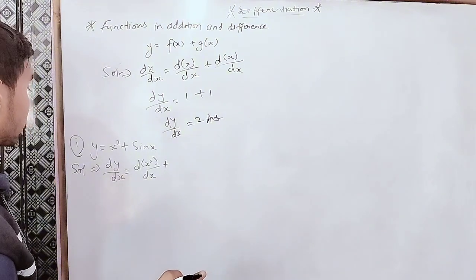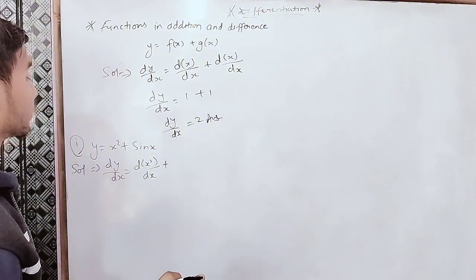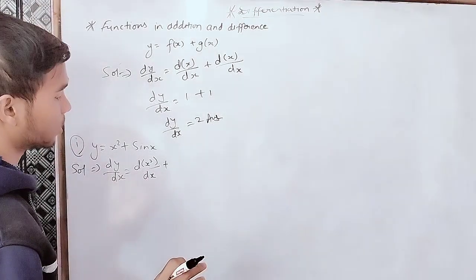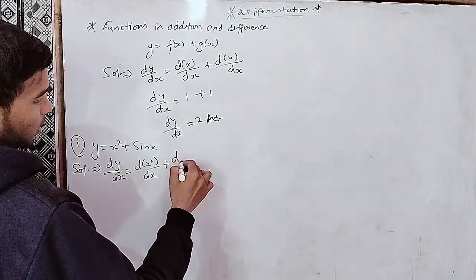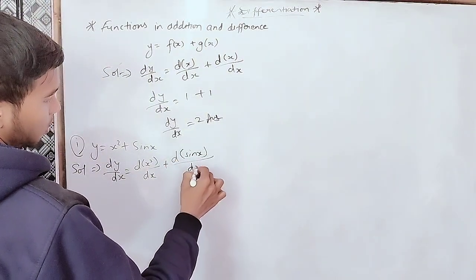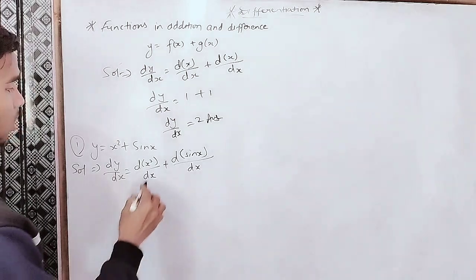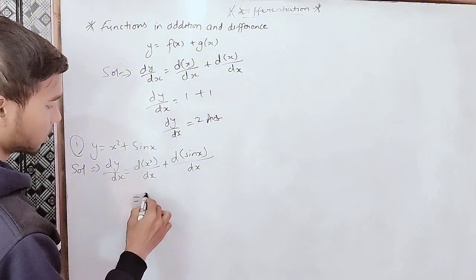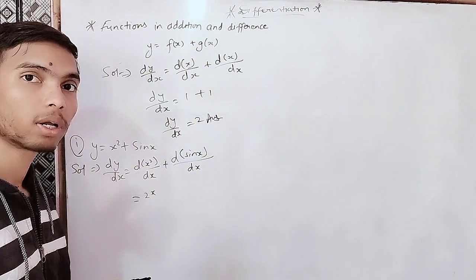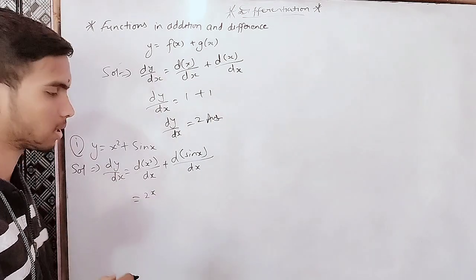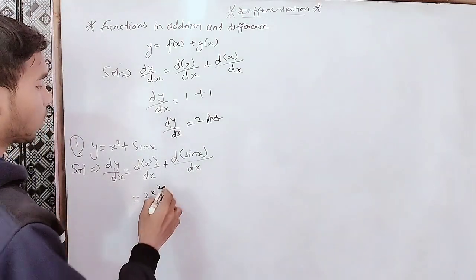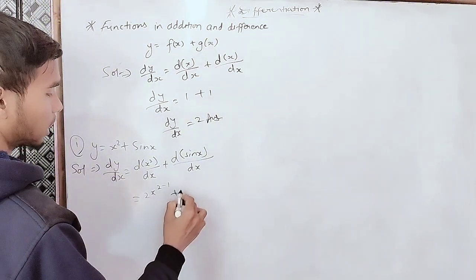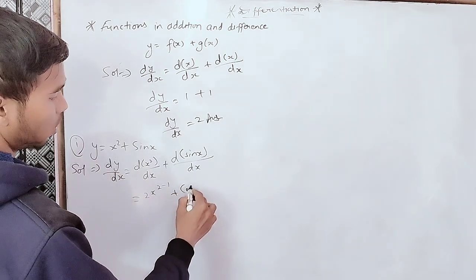Then after doing the differentiation of x square, we have sin x. Now we will do differentiation of sin x. So here the exponent we will write with the base. This is x. Now the exponent will be reduced by 1. So the exponent we have is 2. So we are reducing 1 from 2. Then the differentiation of sin x is cos x.